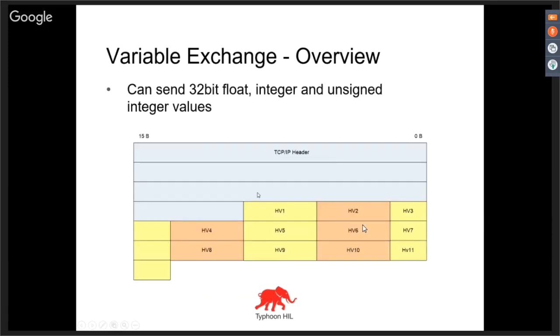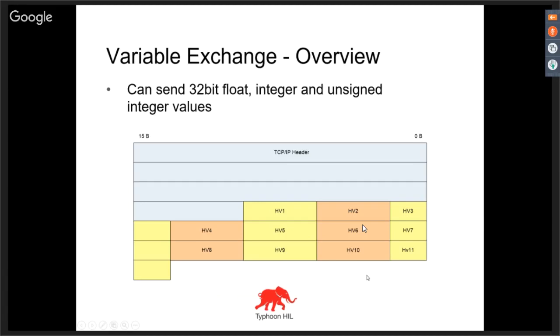Basically, you have a TCP/IP header and the variables, the values of signals, packed together in a TCP message. No other information is transmitted in these messages, only 32-bit values.